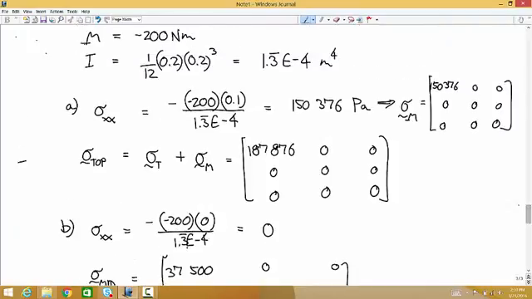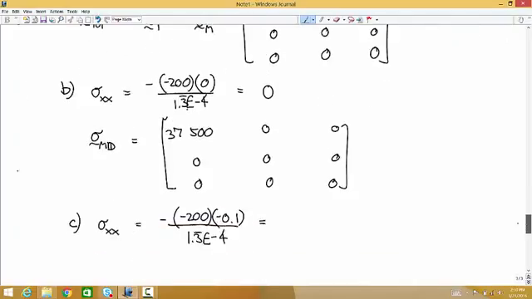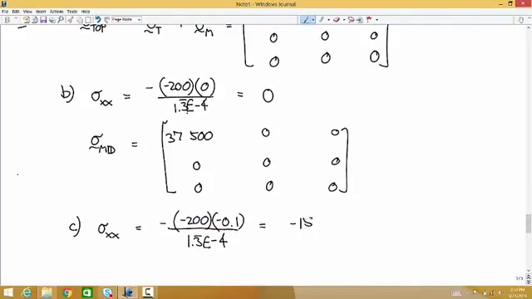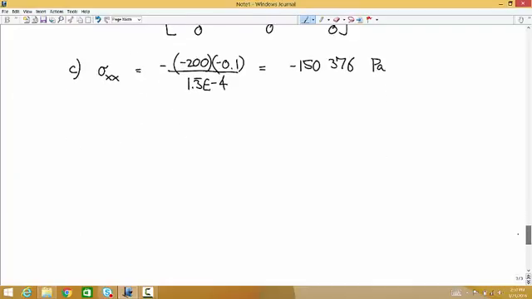And so you just get negative 150,376. So the stress tensor due to bending is negative 150,376, and then zeros everywhere else.